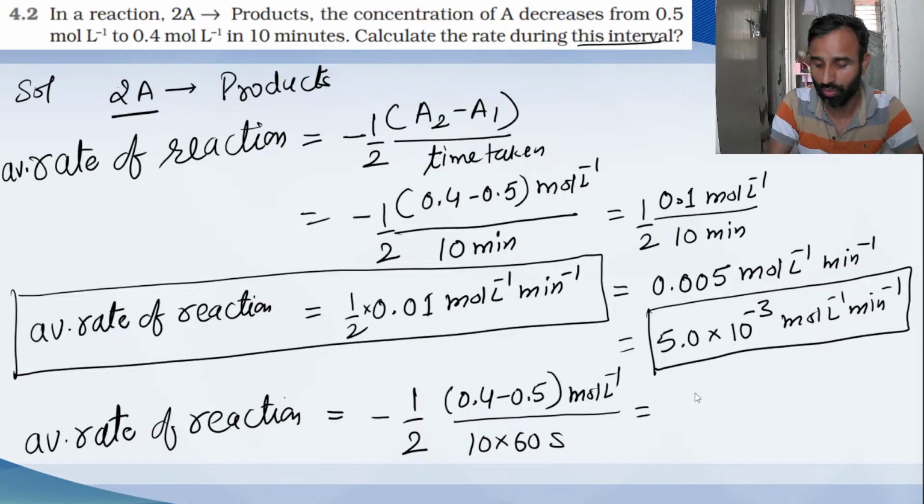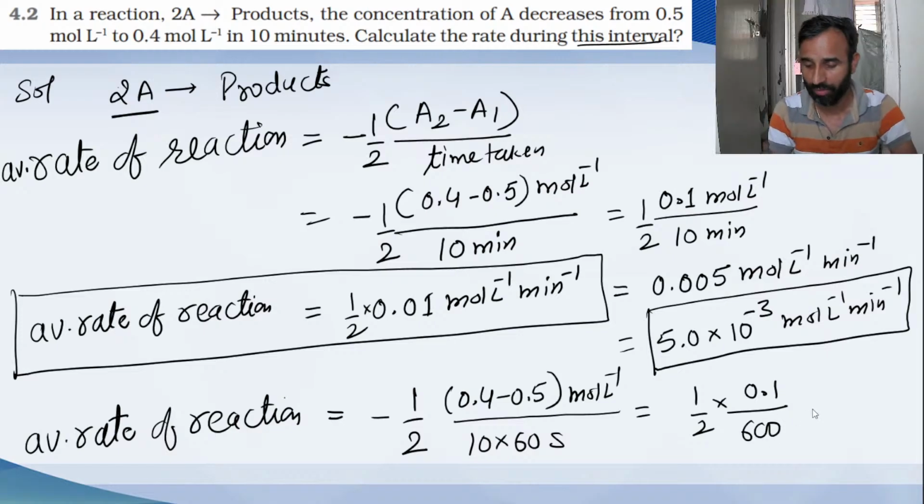It is equal to half into 0.1 divided by 600, which is 0.1 upon 1200, meaning 1 upon 1200.